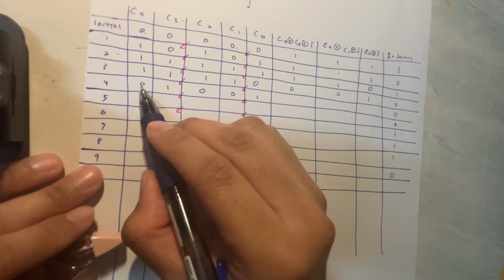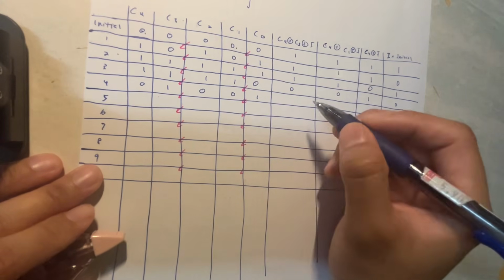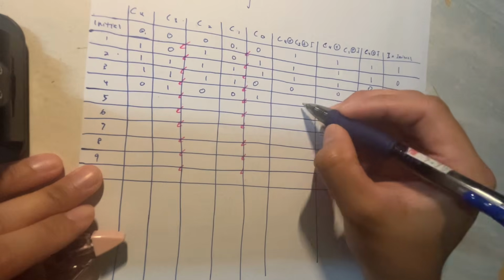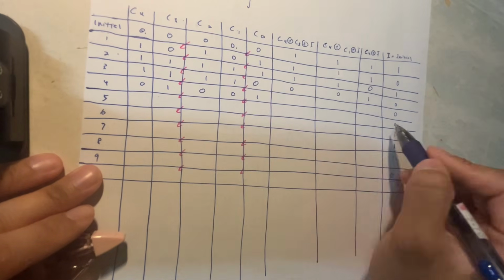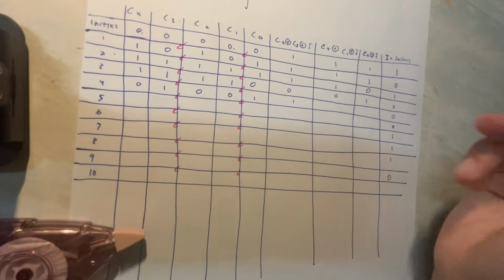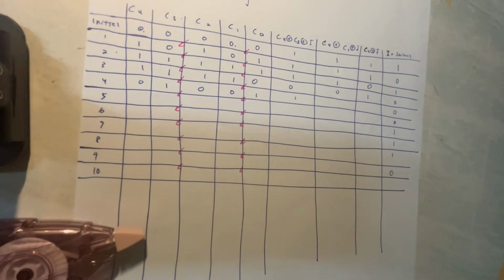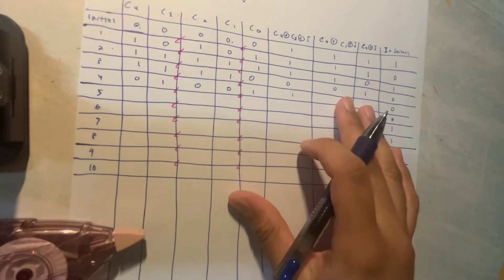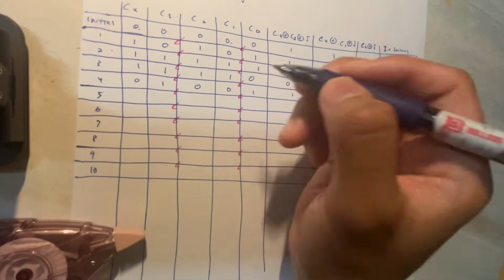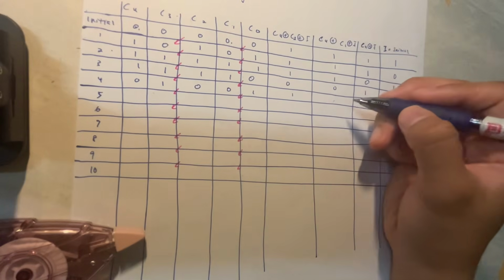C4, 0, 1, 0, 1, 1, 0, 1, 1, 1, 0, 1. Right. I'm just checking. Right. Yeah, basically that's it.